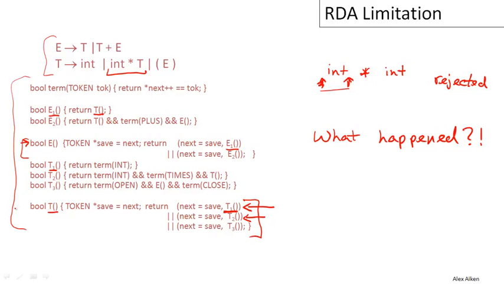So once a non-terminal commits and returns and says, I have found a way to parse part of the input using one of my productions, there's no way in this particular algorithm to go back and revisit that decision and try a different production.